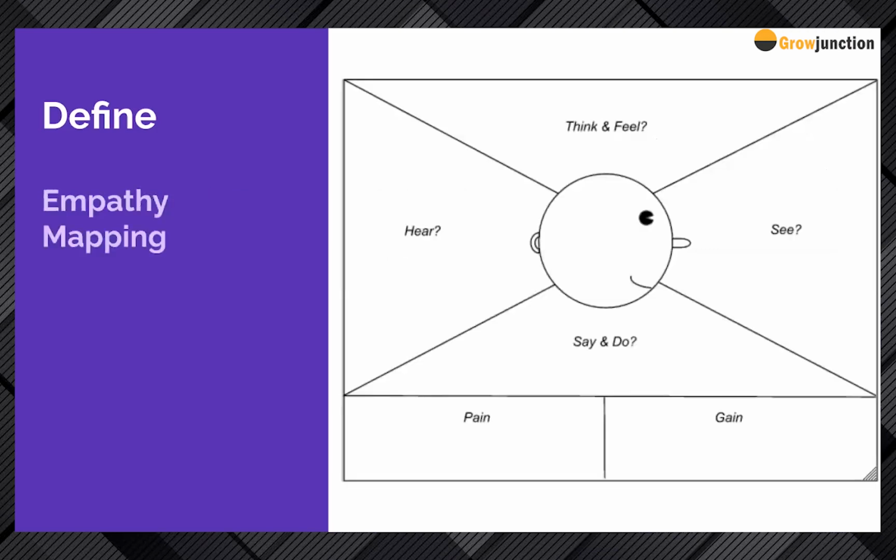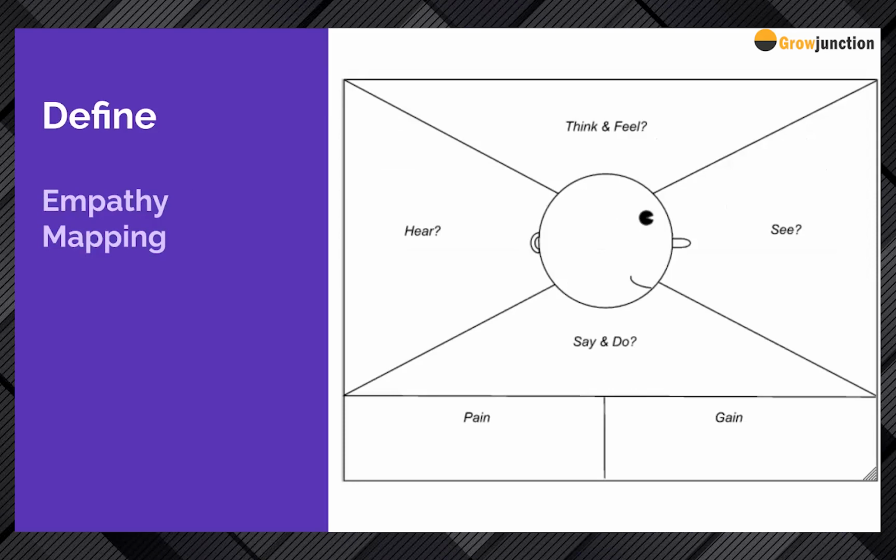For each cohort, we should do an empathy mapping where we try to identify what the person is seeing in his environment, what he is thinking and feeling, what he is hearing from the people around him, what he's saying, but what he's actually doing.